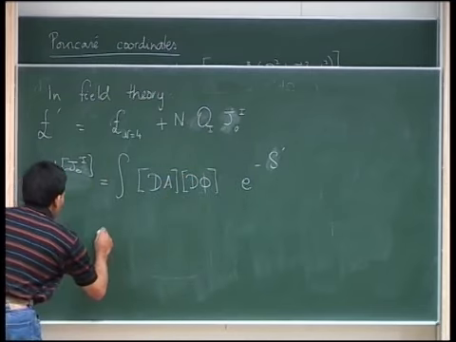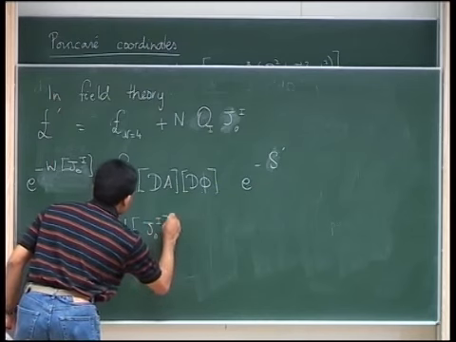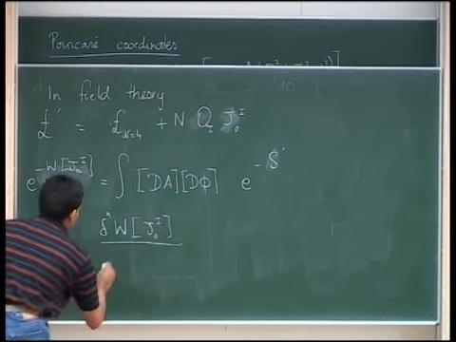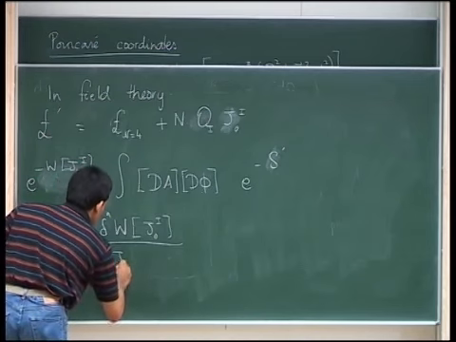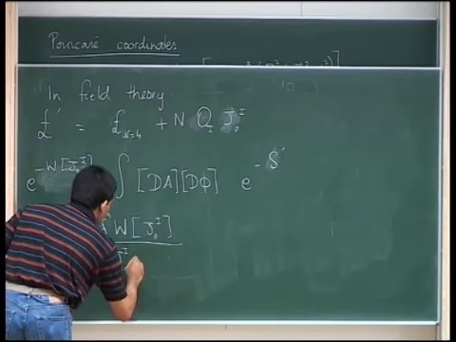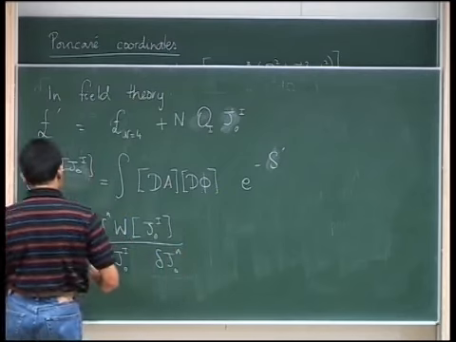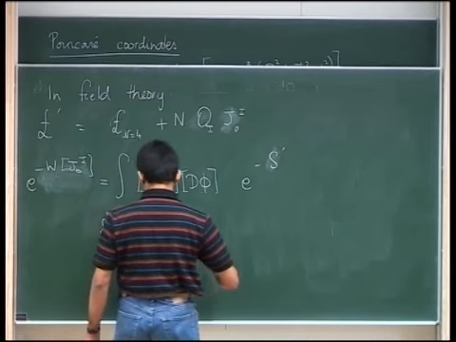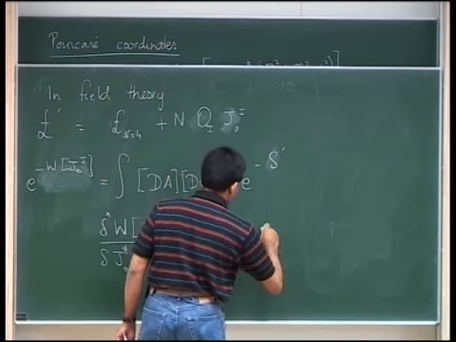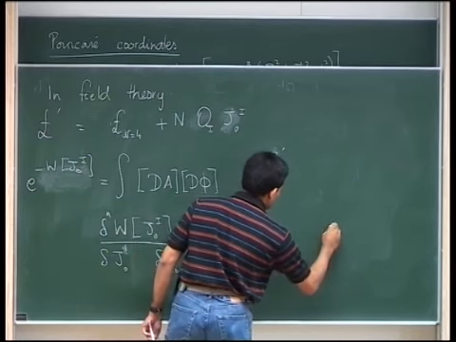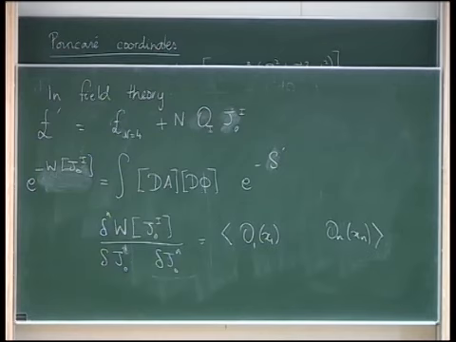If I take this functional and take variational derivatives with respect to my sources, then I recover my correlation function.